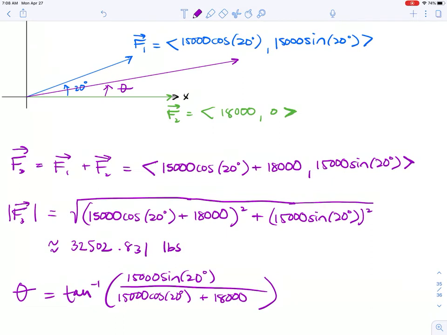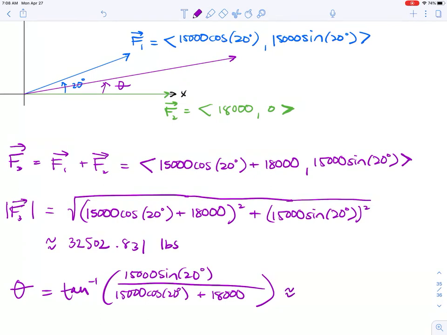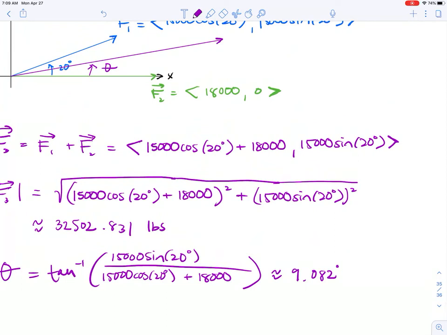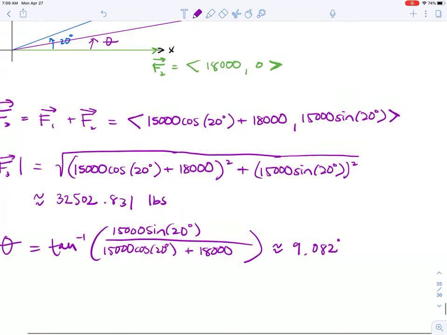Make sure you're in degrees if you're also typing this into your calculator. Okay, so I get approximately 9.082 degrees. And that would be, so in relation to what?